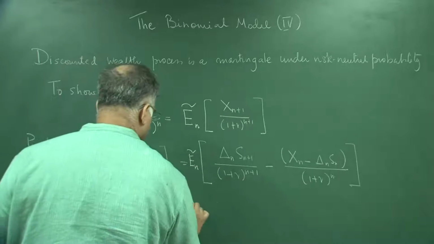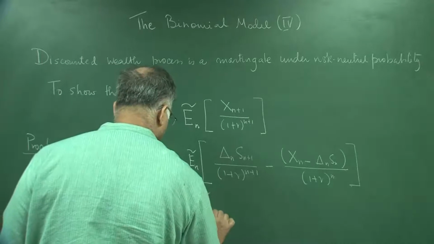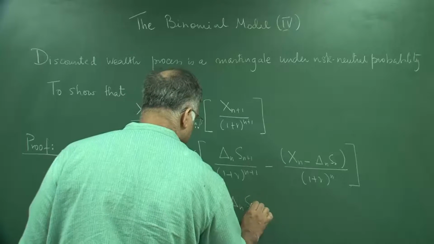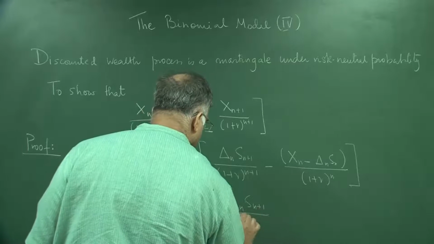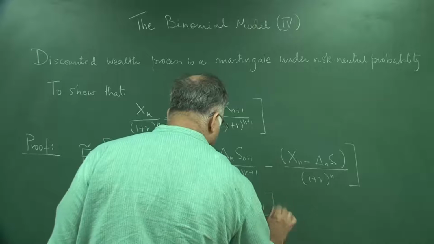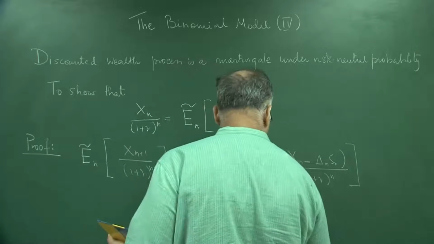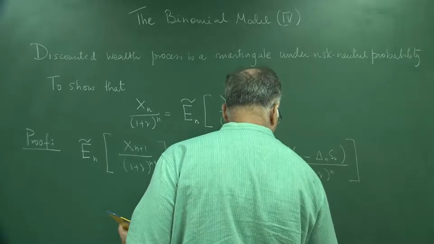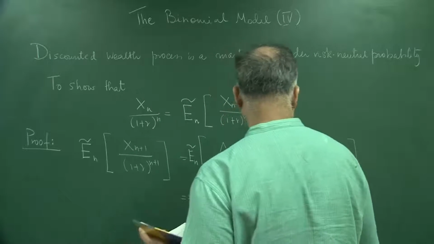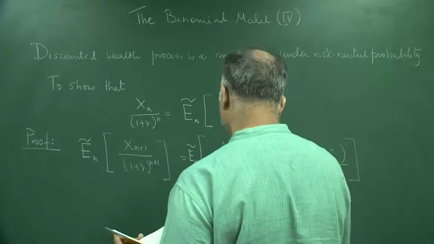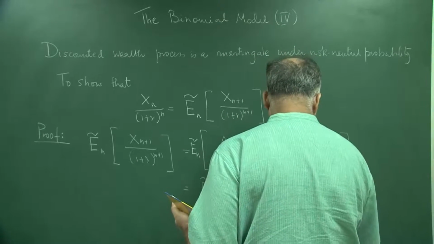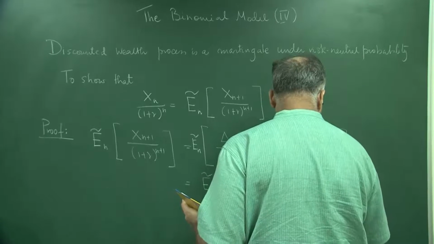By basic facts about expectation or conditional expectation, because they are linear, you can write that. Because I had used P tilde, Q tilde, I am giving this tilde sign to say that this is under the risk neutral probability measure.